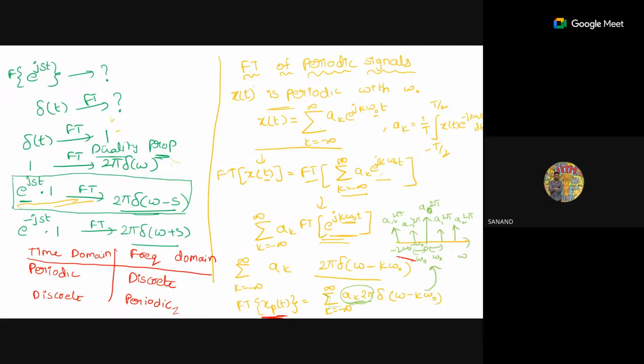Ma'am, why do we use Fourier transform in real life? What is the significance of using this? Okay, you are asking why we go to the Fourier transform. First you have to understand why we are moving from the time domain to the frequency domain. You know ECG signals, EEG.